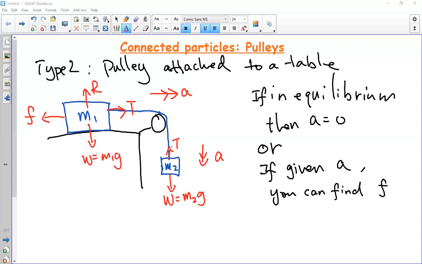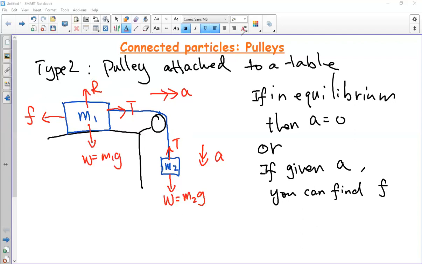From here you could work out T, and from the T you can work out the F, because for this box, acceleration is acting in the horizontal direction, and the only two forces acting in the horizontal direction would be the tension and the friction.